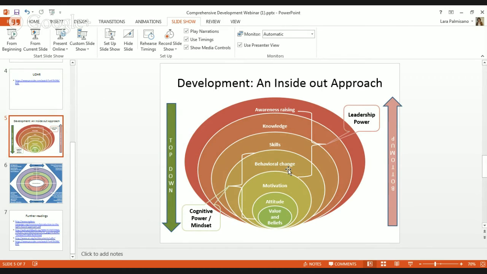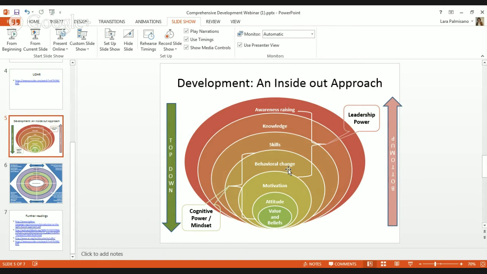In this scenario, it is the top-down approach, and it comes from the leadership power. But ultimately, it has to change the value and the belief system through the different stages of knowledge, skills, and then behavior.